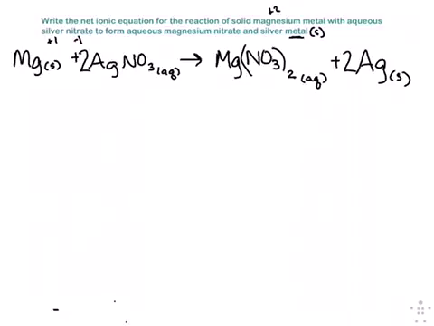All right. Step 2 is to write this as an ionic equation. So Mg solid. If it's a solid, it's not an ion. It didn't dissociate into anything, so you don't need to worry about the charges. Okay? However, our next one is in solution, so we do need to worry about the charge.